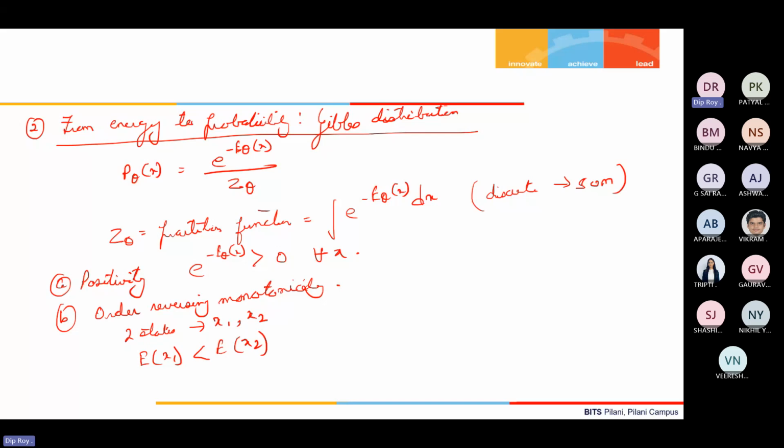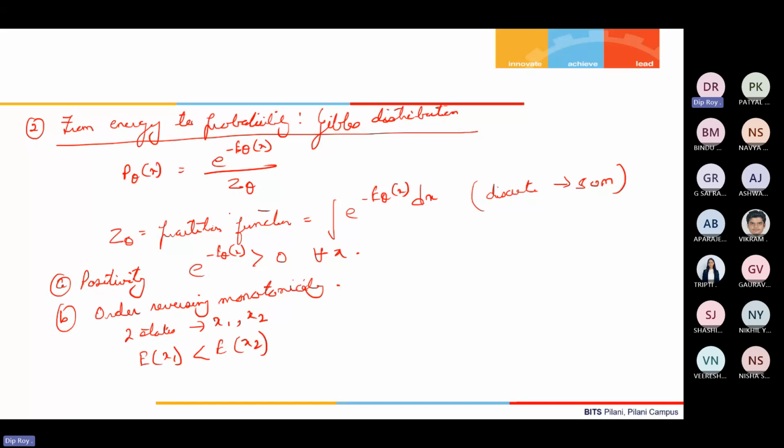So when we are using this energy function, we need to use it in such a manner that when we derive the probability from these energy functions, the probability should be reversed. It means that the probability of x1 should be greater than the probability of x2.